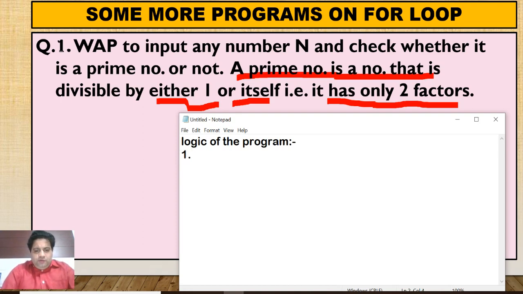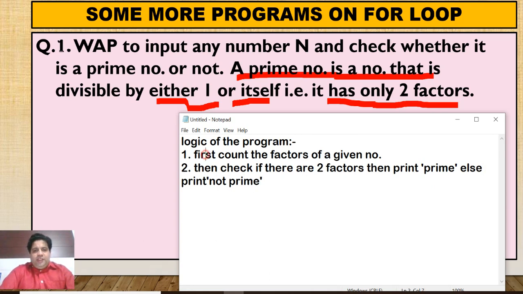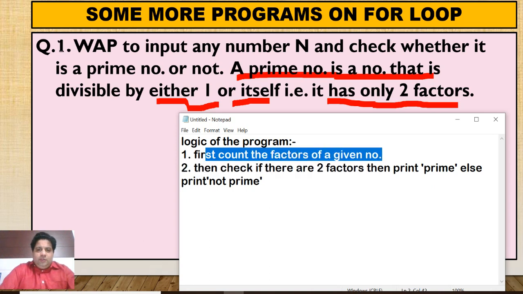First count the factors of a given number, then check if there are two factors, then print prime, else print not prime. See the simple logic. Now this program you have already done, how to count the factors of a given number. Just now we have done this program. So let's proceed with this program.